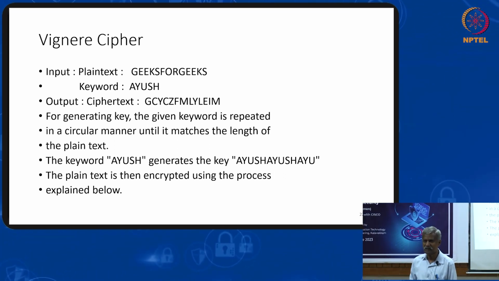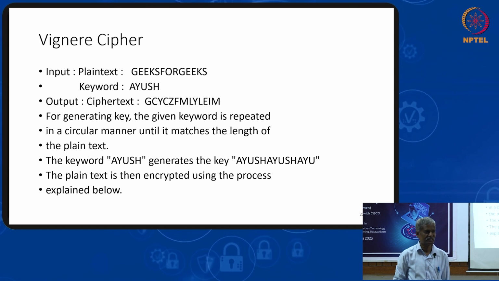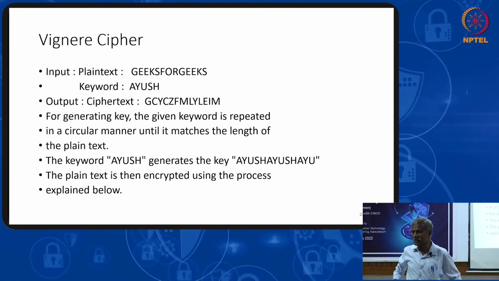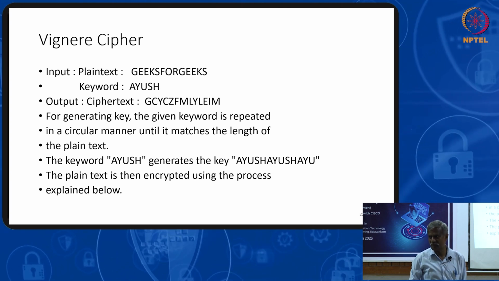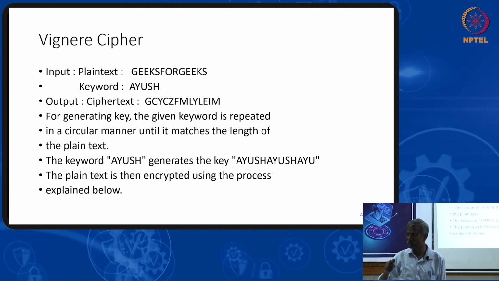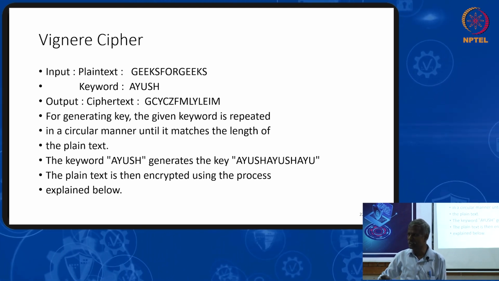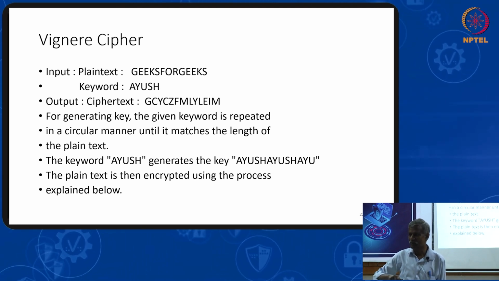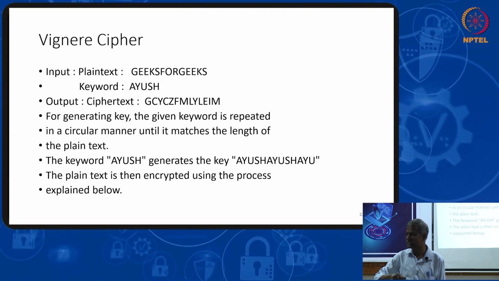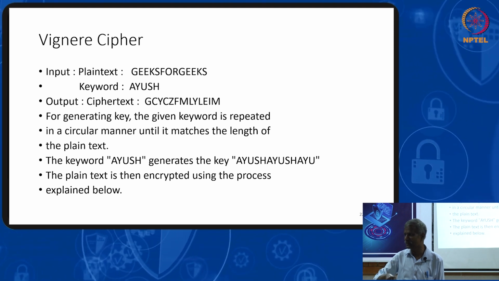The key "IYU" has only 5 letters. If you want to make it 13 letters, you have to repeat "IYU". How many letters you want, that many times you have to repeat. So 2 times repeating "IYU" gives 10 letters. Then 3 more letters you want. If you put "IYU" once more, it will become 15 letters. But I want to have only 13 letters. So "AYU", that much.